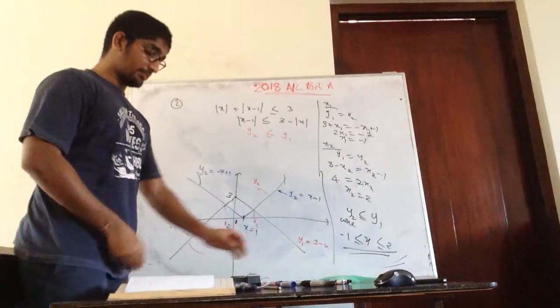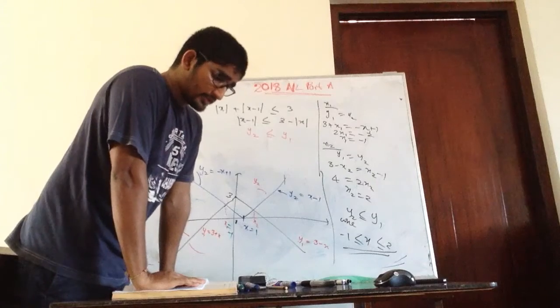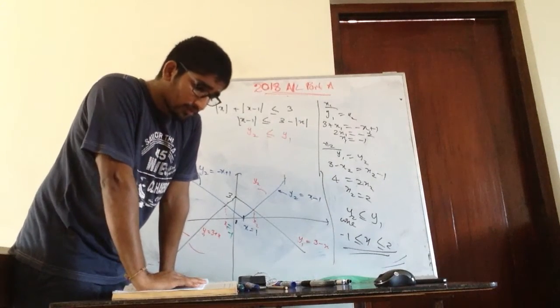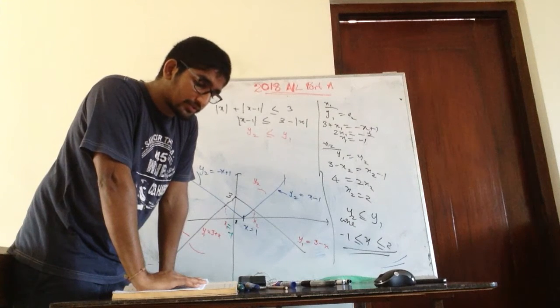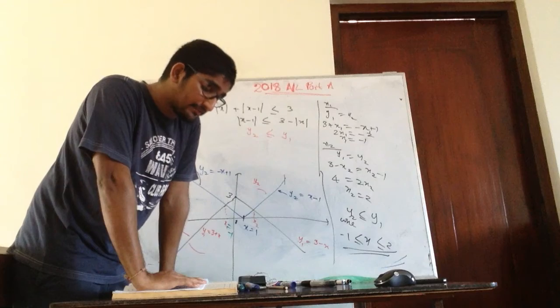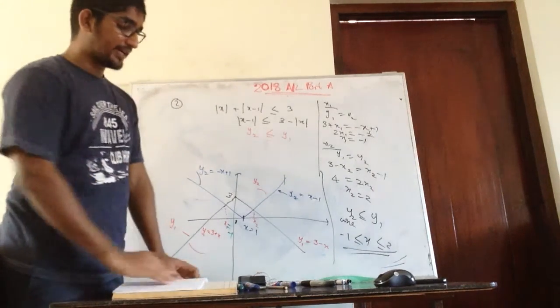Right, so question number 3. Question number 3 is on complex numbers. First of all it says, sketch in the Argand diagram the locus of the point that represents complex number z satisfying argument of z minus 3i equals minus 5 over 3.